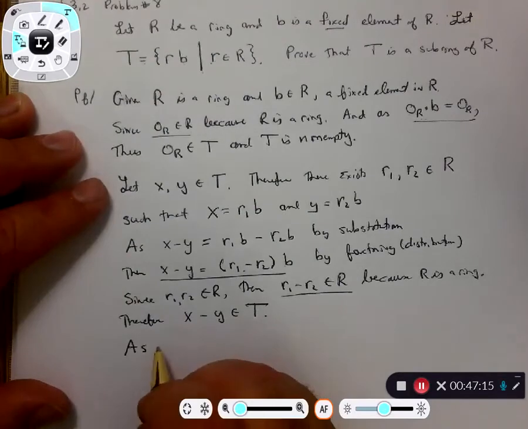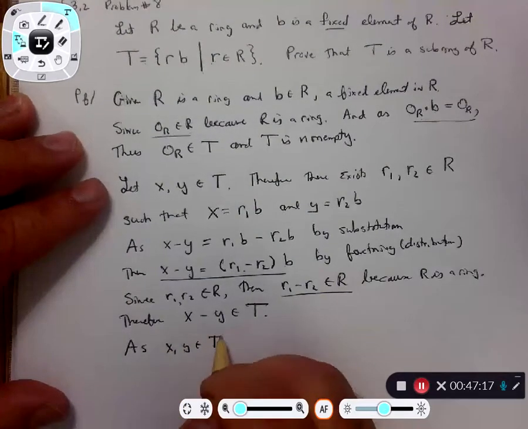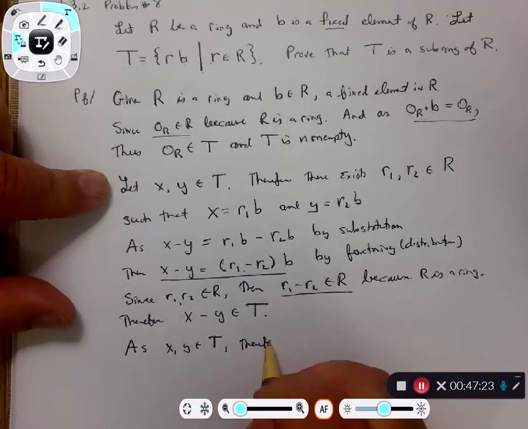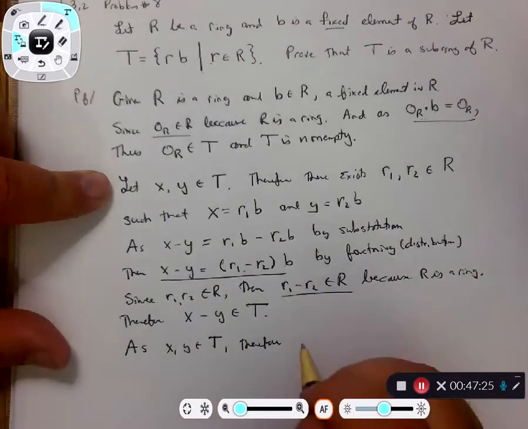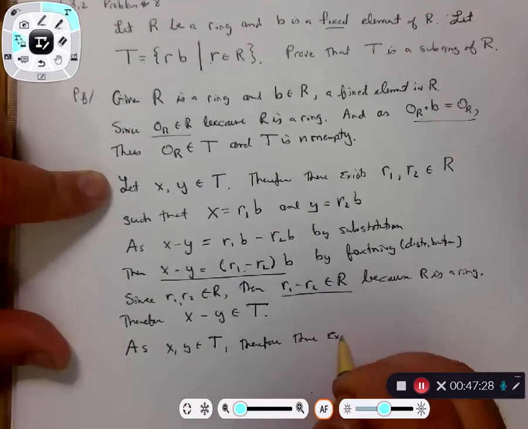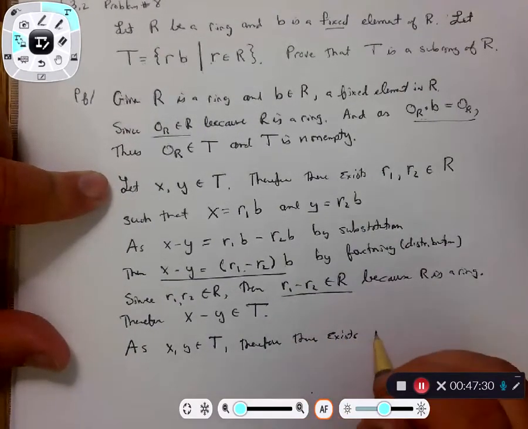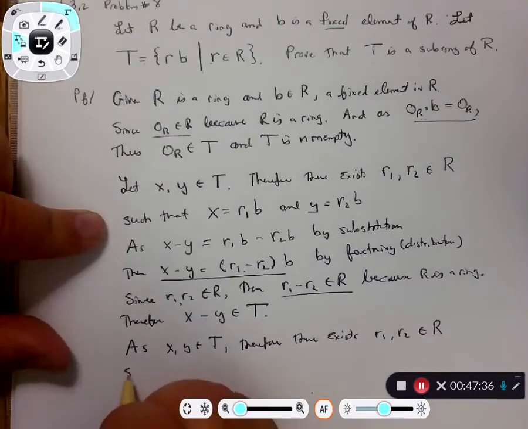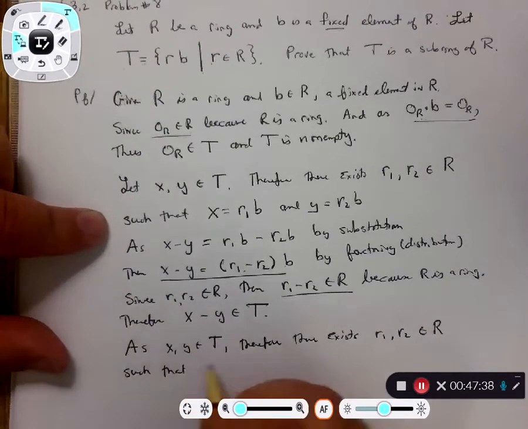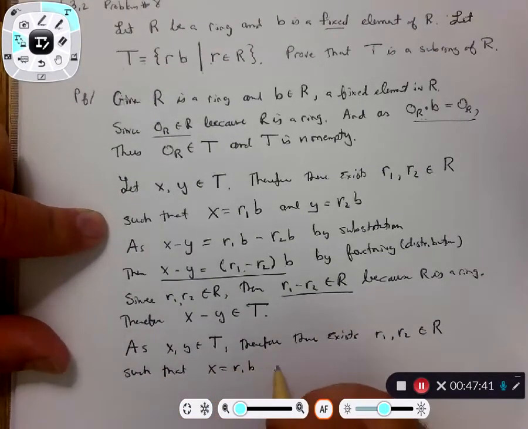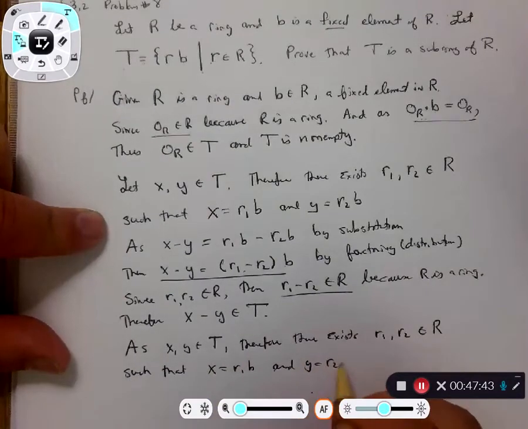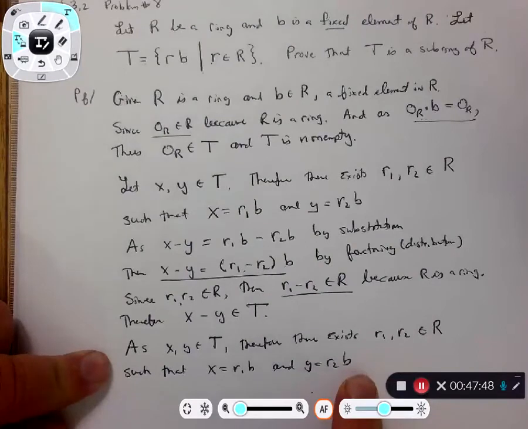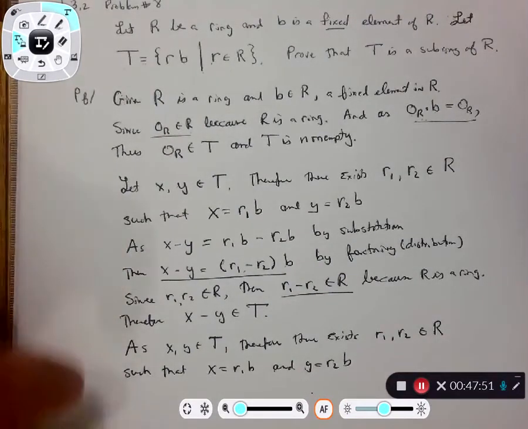So as X and Y are elements of T, therefore, I'm going to state it the exact same way. I am copying this. Therefore, there exist R1 and R2 elements of R such that X equals R1B and Y equals R2B. I'm recopying that exact same structure. But now, instead of showing the subtraction, I'm going to show the multiplication.